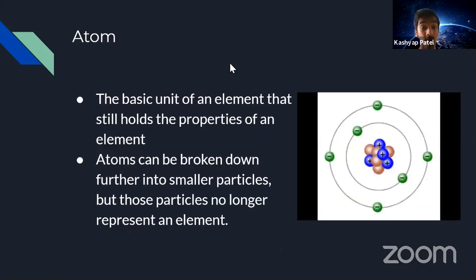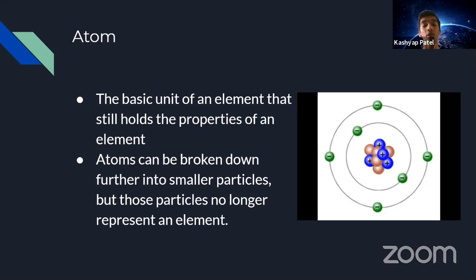The atom is the basic unit of an element that holds the properties of an element. Now, what does this mean? If you take an element and break it down into smaller pieces, you'll keep on getting smaller pieces until you get an atom, and that atom is still part of the element.